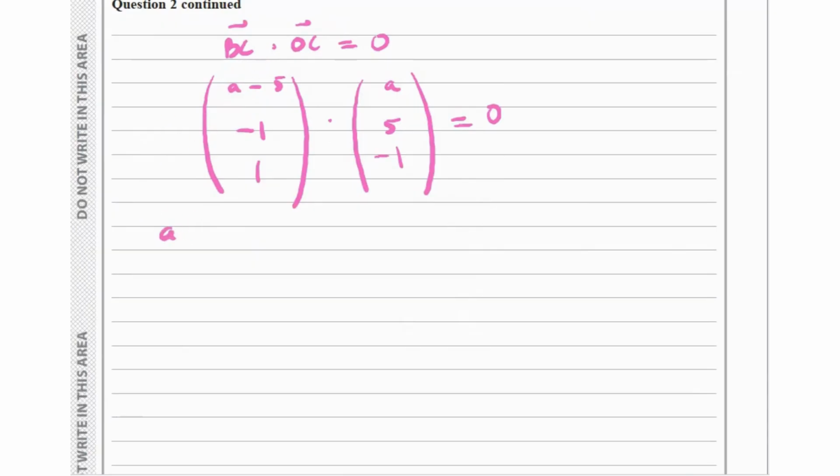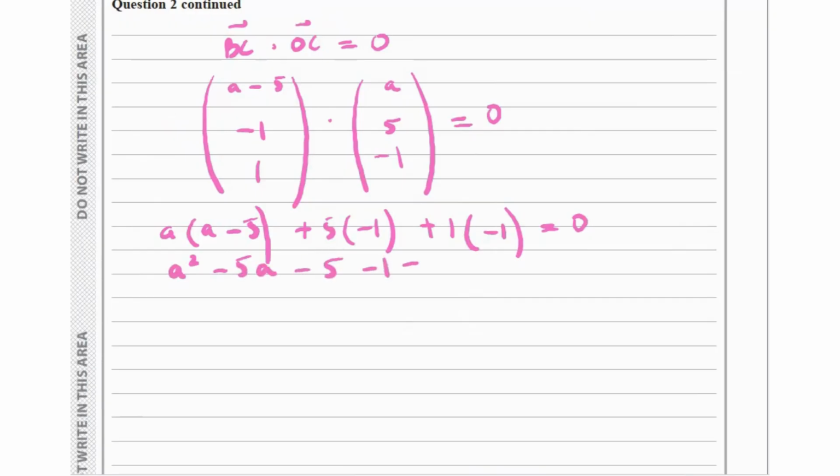So it's going to be A times A minus 5 plus 5 times -1 plus 1 times -1 equals to 0. That's A squared minus 5A minus 5 minus 1 equals to 0. Collect the like terms. A squared minus 5A minus 6 equals to 0.